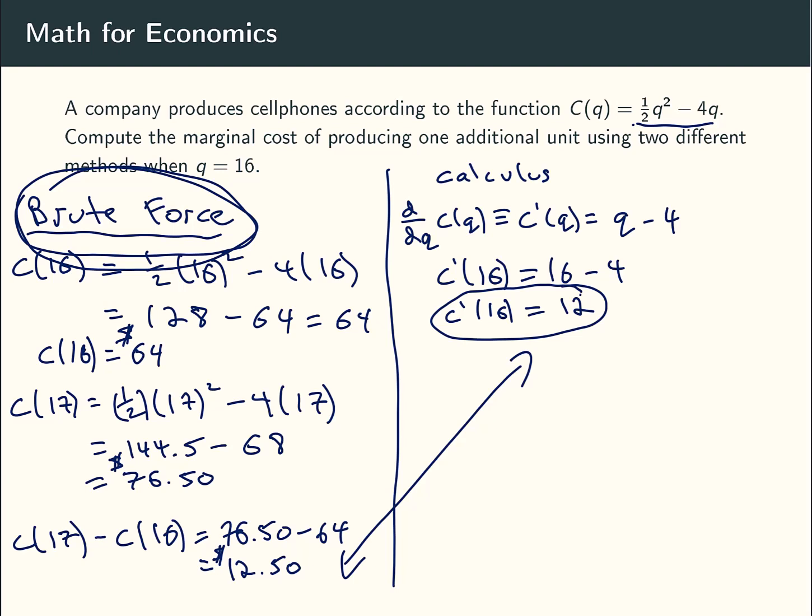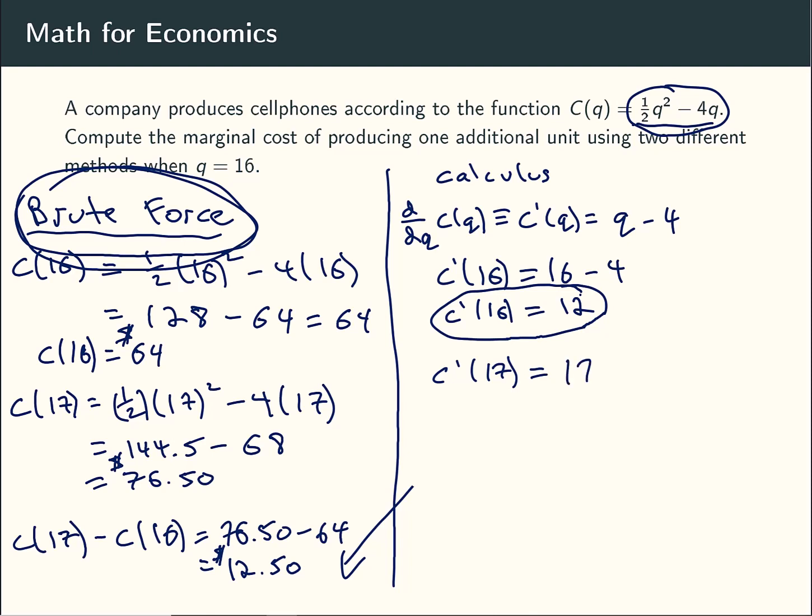And you can see here, if we were to graph this out, the cost function is increasing. If I were to compute the instantaneous rate of change, also the slope, when the quantity produced is 17, what would our answer be? It would be 17 minus 4.